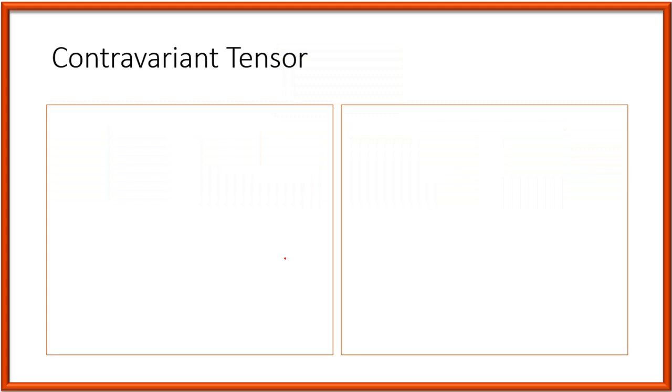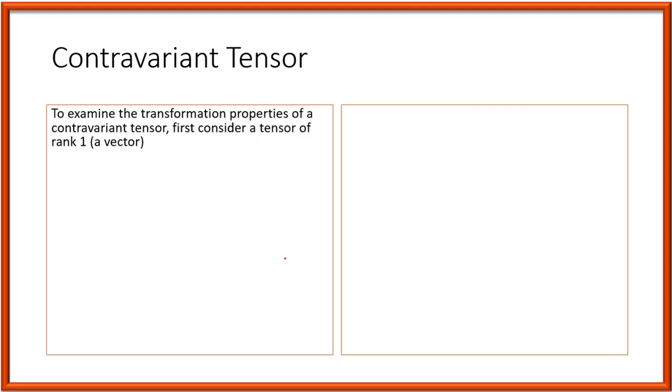Now let us look into how the components of a contravariant vector change. To examine the properties of transformation of a contravariant vector, let us choose the displacement vector dr. We know that displacement is a contravariant vector.